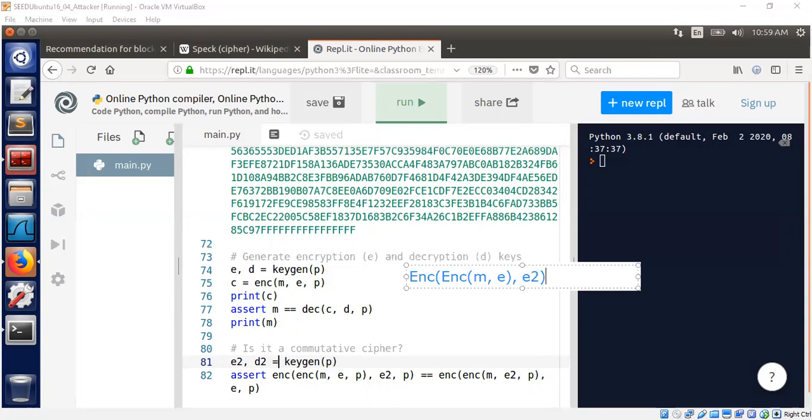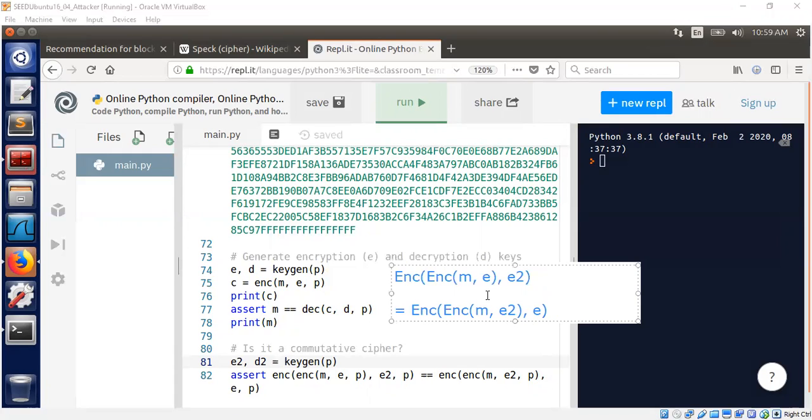We are saying that this is equal to the encryption of the message M using E2 first, and then encrypting that using E. We are saying these two are equal. That's basically the commutative property, right? It doesn't matter what order the keys are applied, you get the same ciphertext.